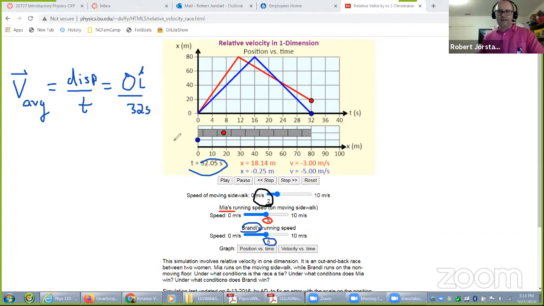All right. Now, in this case, what is the average velocity of the red? What is the displacement of the red? 18.